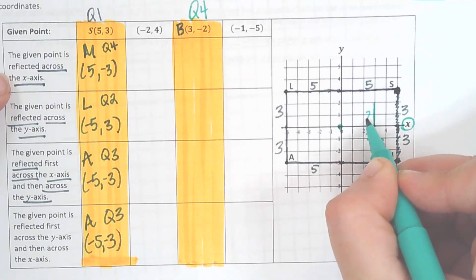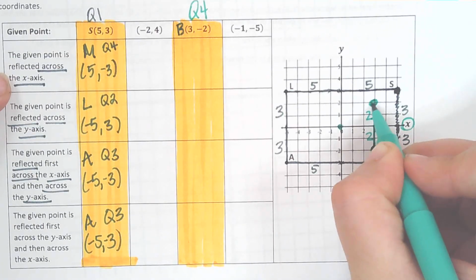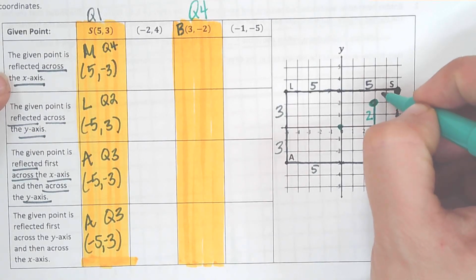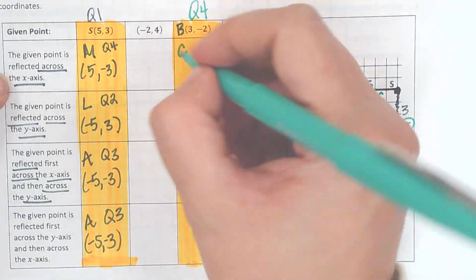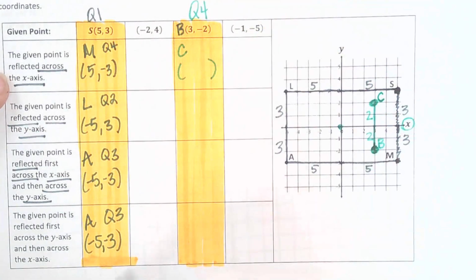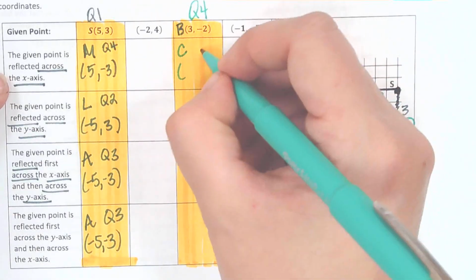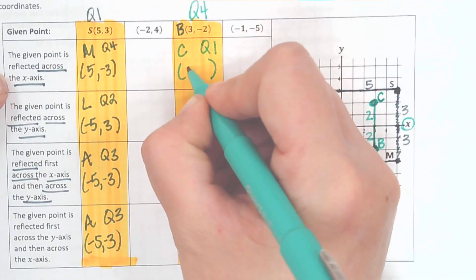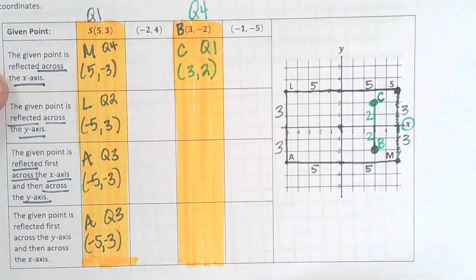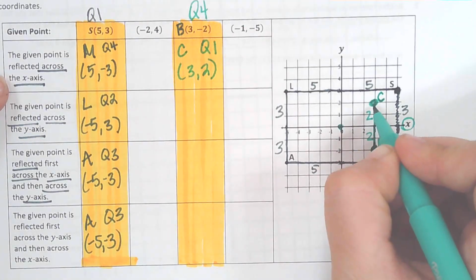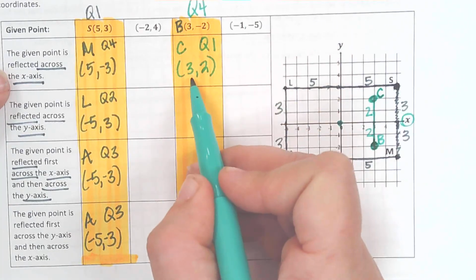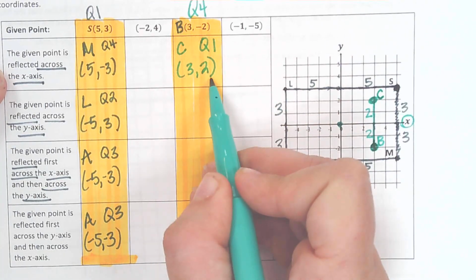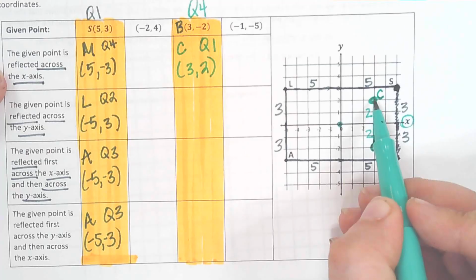Go up 2 more. What do you think I'm going to label that point? C. So, guys, what is C going to be? 3, 2. It's in quadrant 1. We're using the same base numbers, but what's up with these? Now that we're in quadrant 1, I no longer have a positive and a negative. Now I have a positive and a positive.